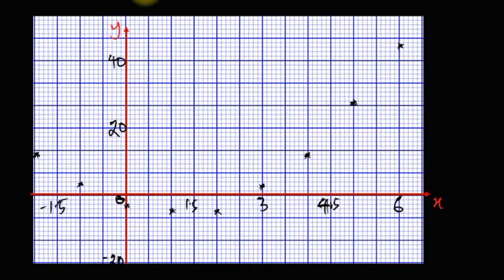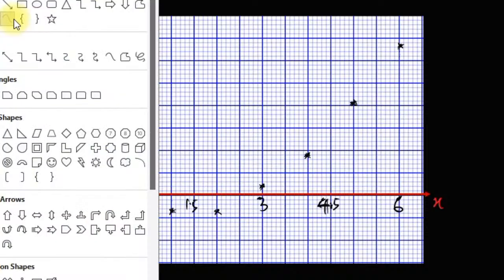So the next thing is to join the points. So we'll join the points. So let's join.